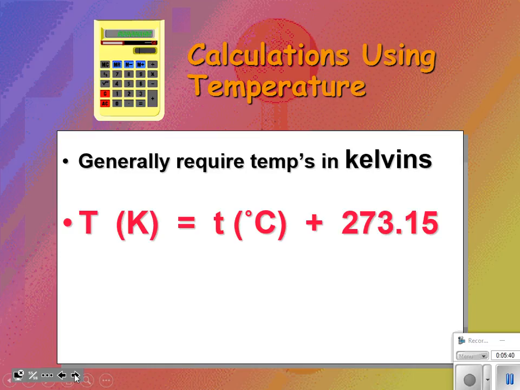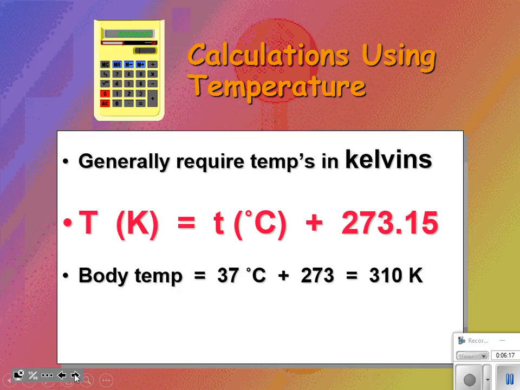So Celsius plus 273 equals Kelvin. Kelvin minus 273.15 equals Celsius. So we can convert back and forth with Kelvin and Celsius by either adding or subtracting 273.15.